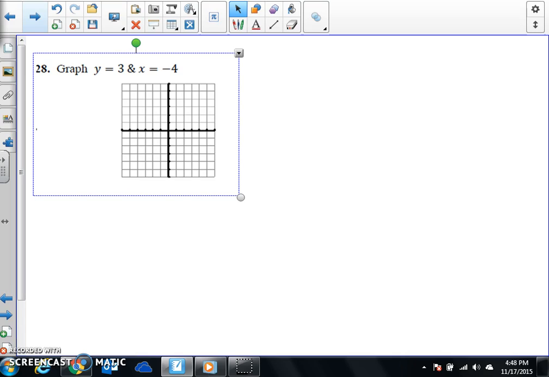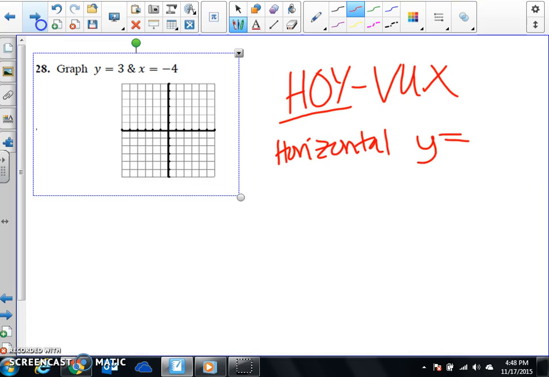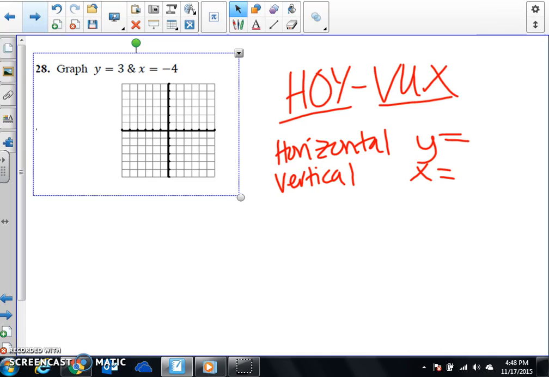28. All right, so y equals 3. You need to think of Hoi Vux. That helps us because horizontal lines are y equals equations. Vux are vertical lines that have an x equals.